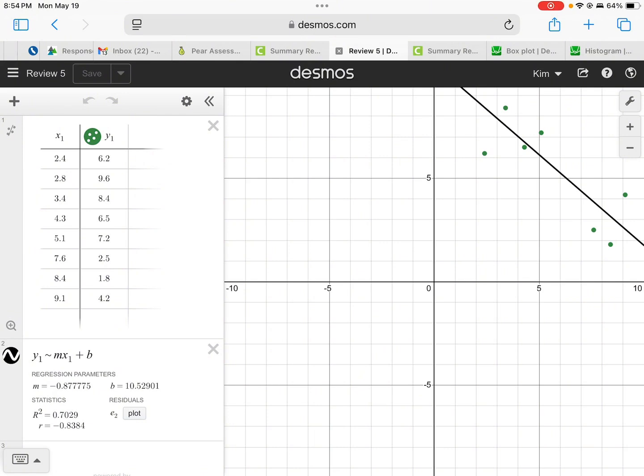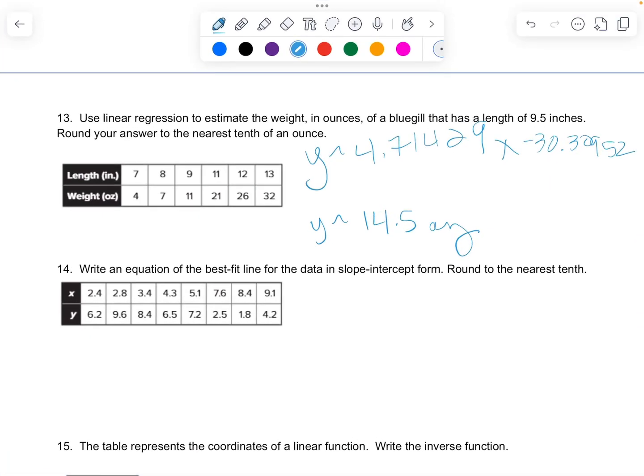So we have our slope, we have our y-intercept, and we have our r value. So we have y equals negative 0.877775x plus 10.52901.